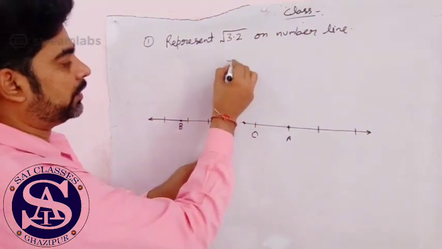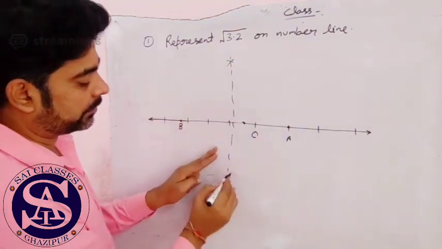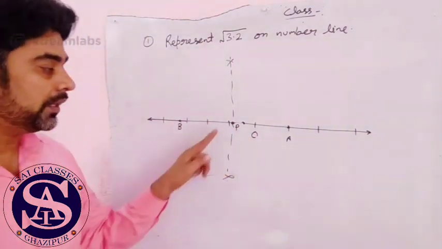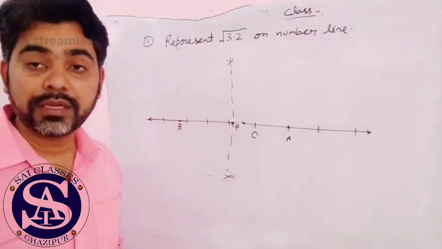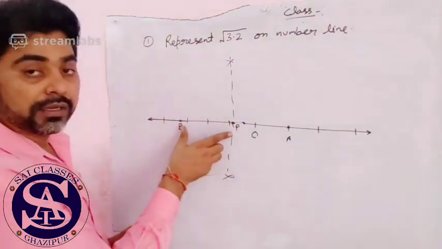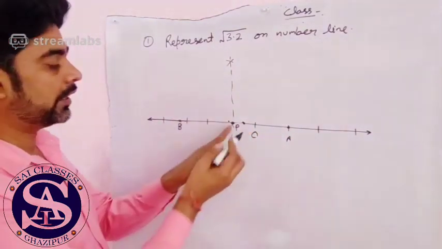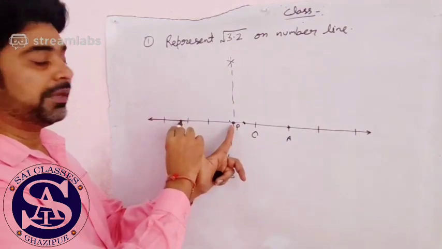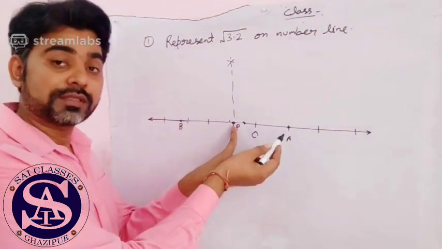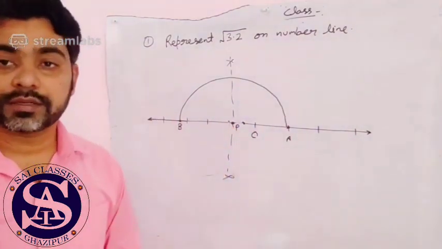Now let's say this is the point P. Taking P as center and PB as radius, or you can say PA as radius because both are the same, we will draw a semicircle here, right?